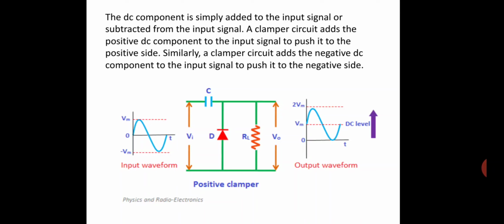So in the positive cycle the output is 2 Vm, but in the negative cycle the diode is a short circuit, so the output is 0.